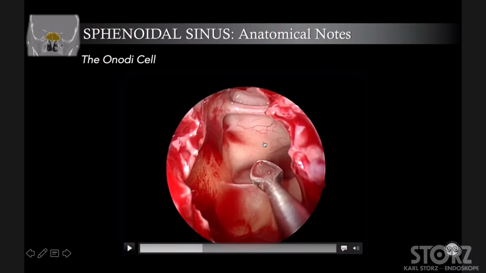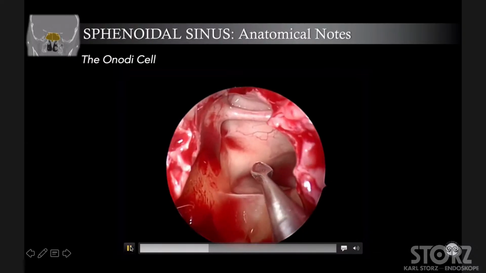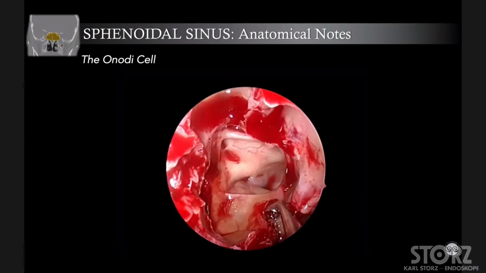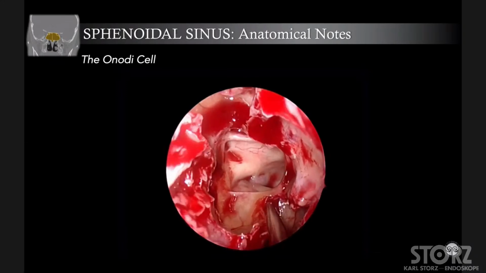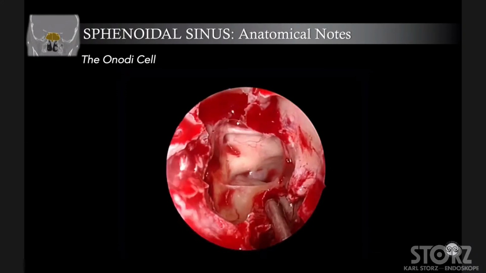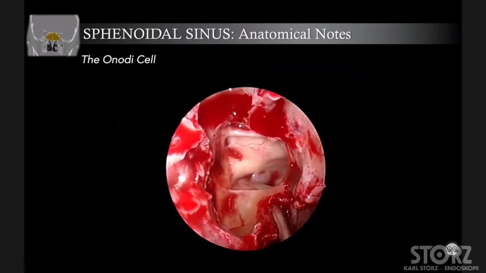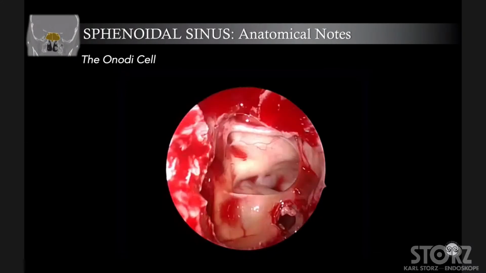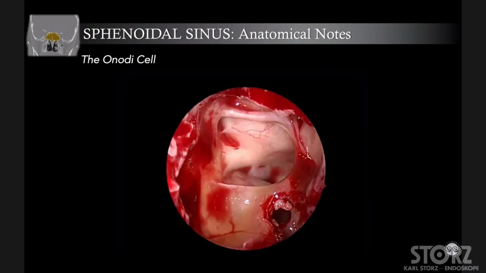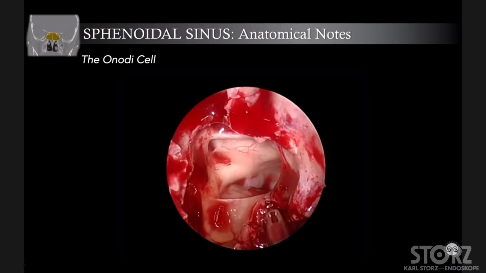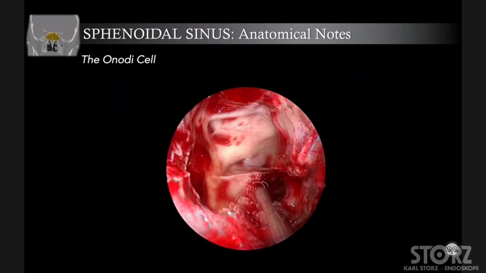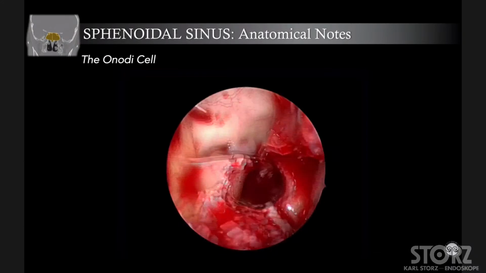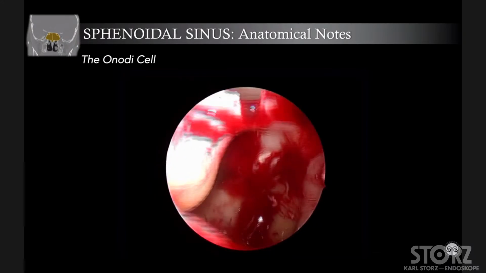This is posterior ethmoid, this is not sphenoid, and so we have to go on with our dissection in order to clean below the true sphenoid sinus. You can see we are now working in order to open the sphenoid sinus, and after that we cut the bone septation between the Onodi cell and the sphenoid sinus in order to join the two.